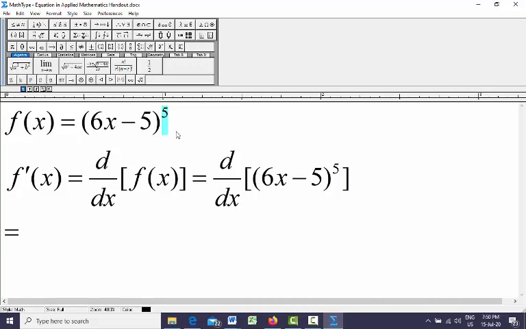If you want to reach the inside materials of the briefcase or suitcase, you first need to unlock it. This is the lock. That means you need to process this one first. So you need to process the differentiation of the power first.